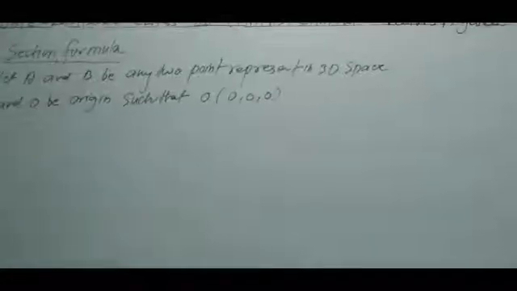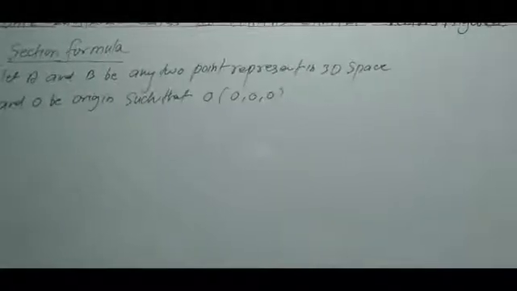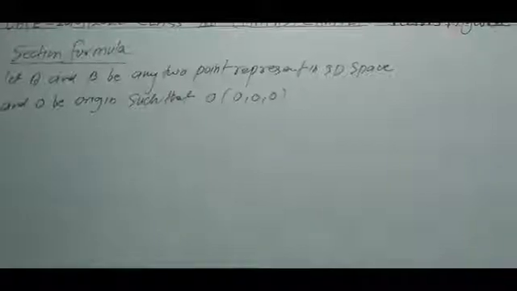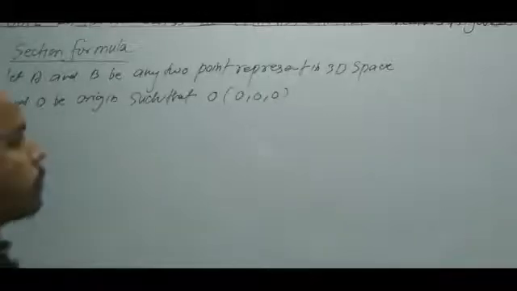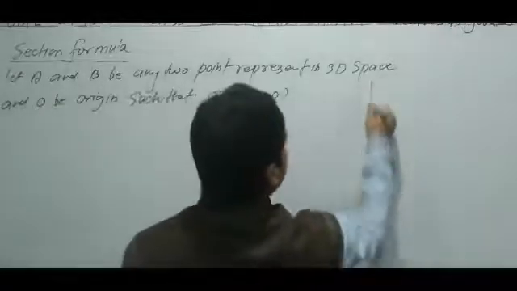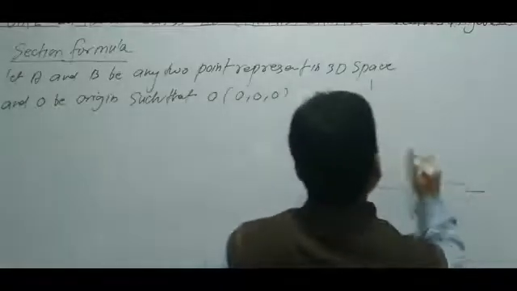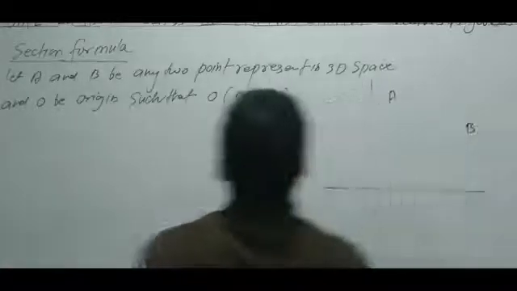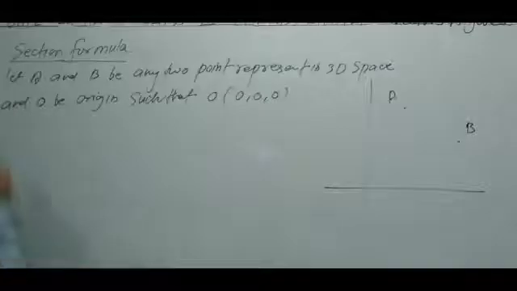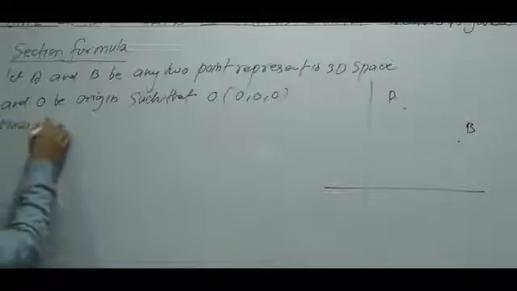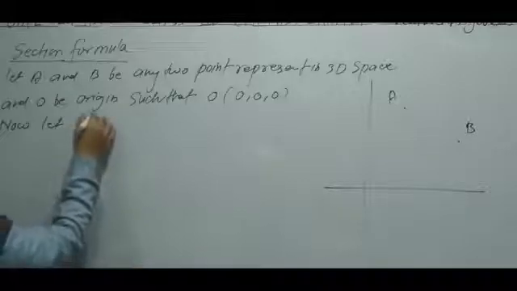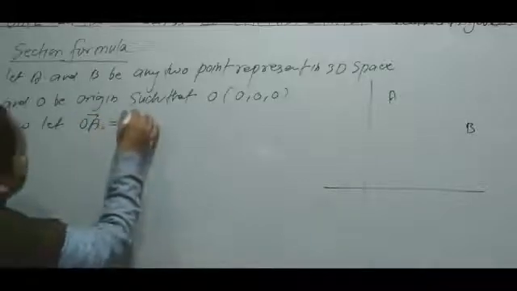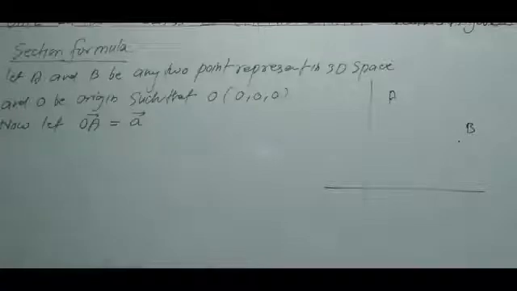Now let vector OA be small a vector and vector OB be small b vector.